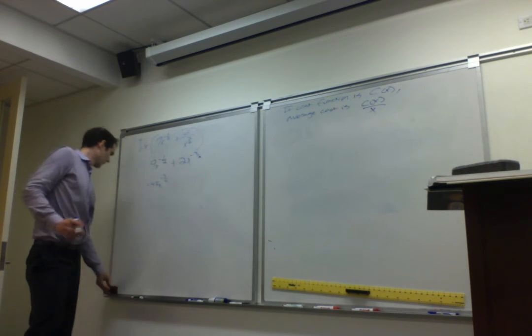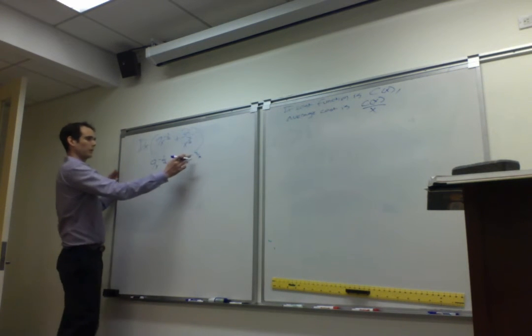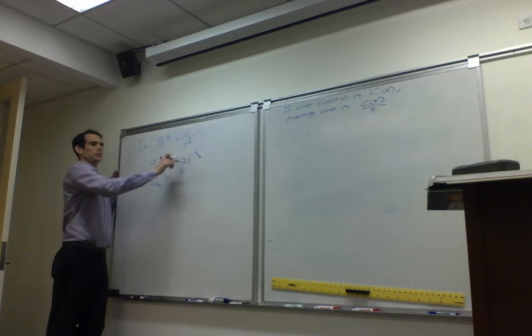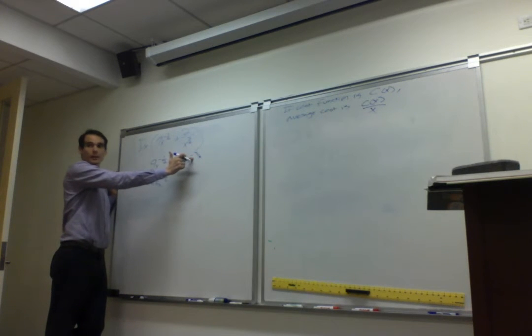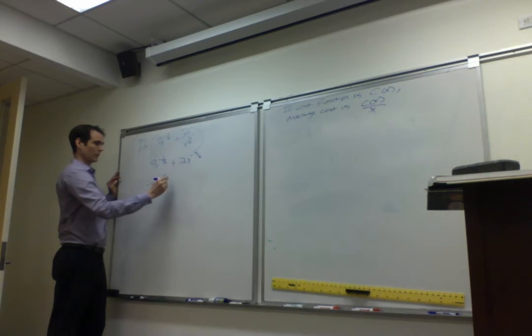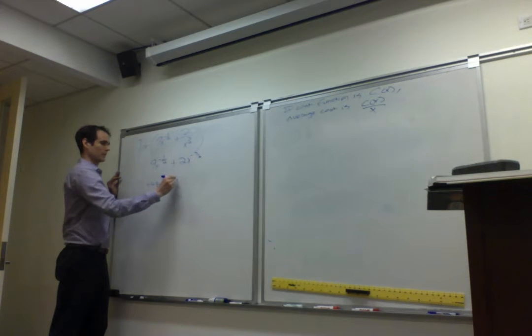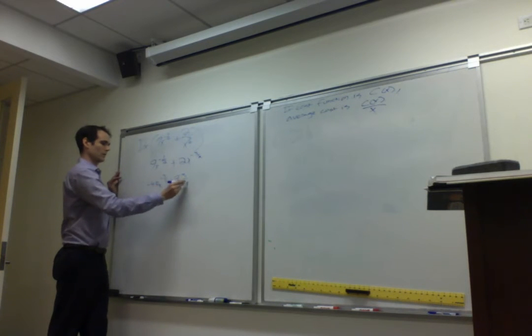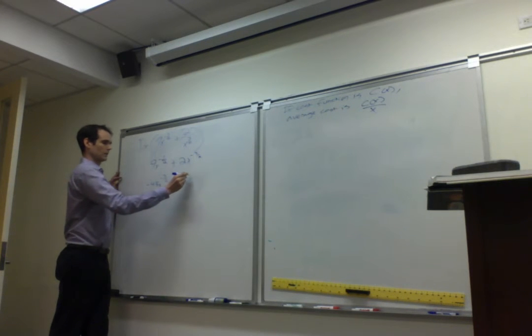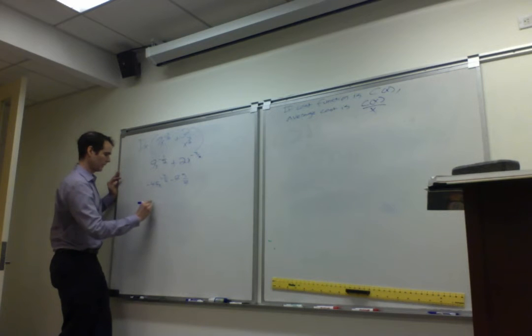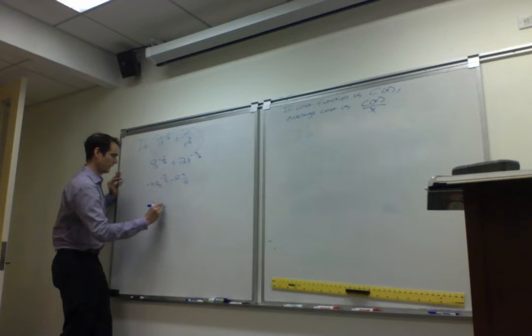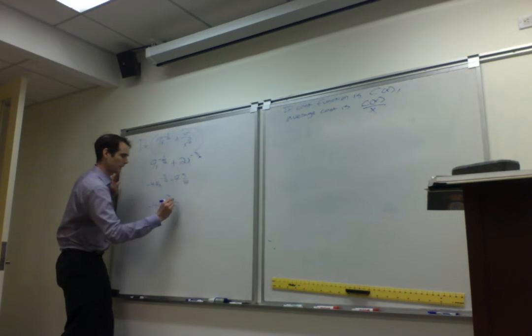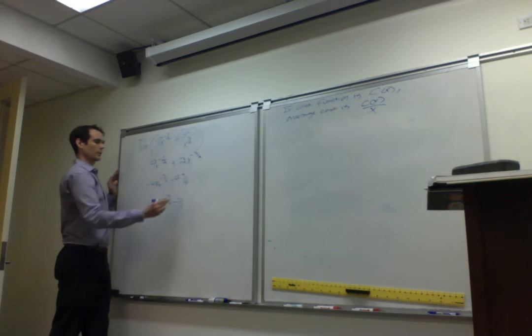And then we've got plus, but it's going to become a minus because we're going to multiply 2 times negative 3/2. So minus 3 times x raised to the what?